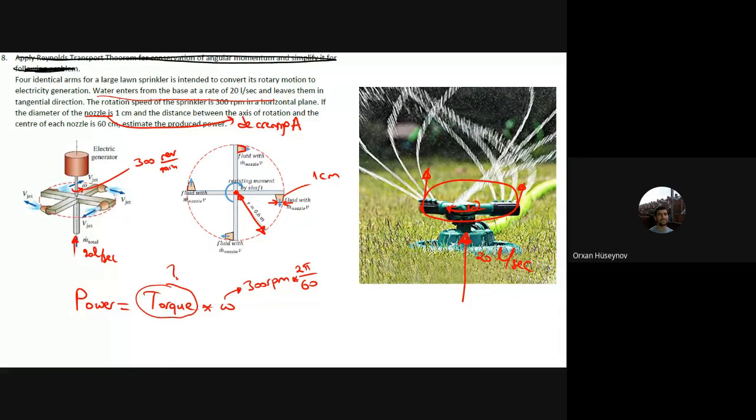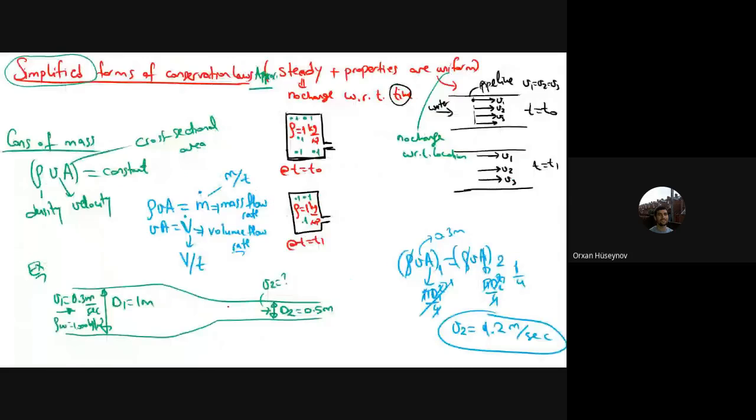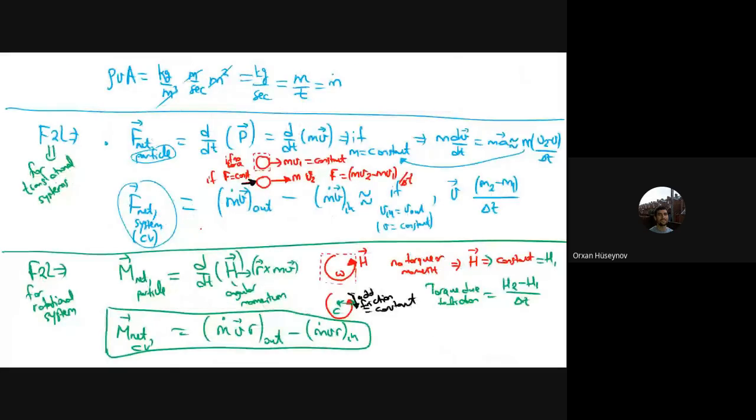This one is unknown. But if you go back to our conservation laws here, notice the first conservation law, the conservation of mass. It can give you the density, the velocity, or the area. Any of these three properties are okay with the conservation of mass. For conservation of linear momentum, you can only find the forces.